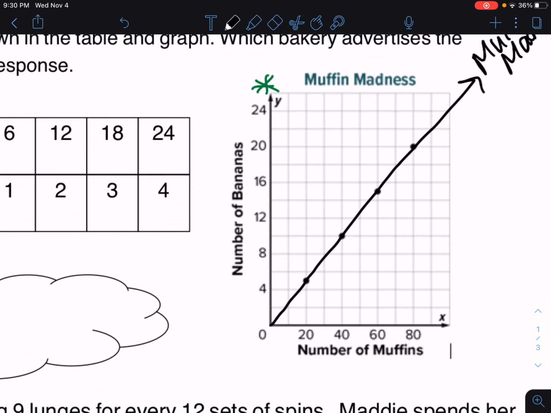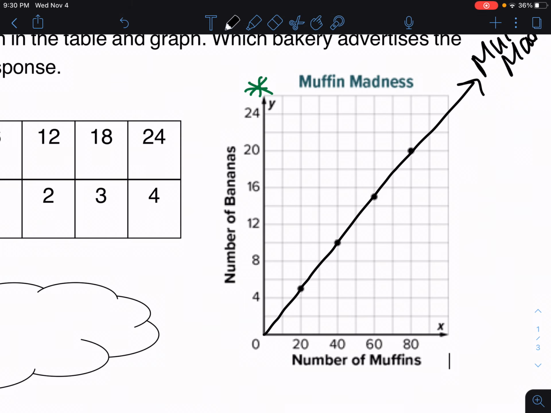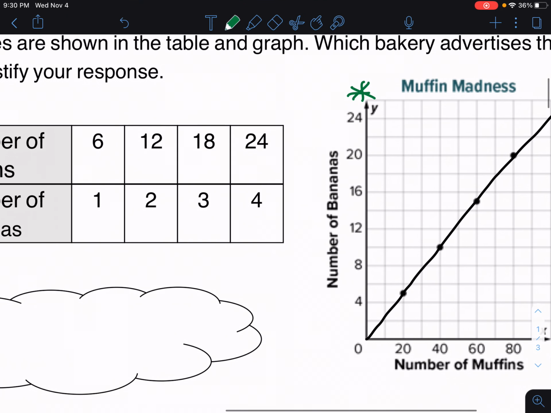I'm going to make my graph a little bit bigger to help me see. I'm going to graph Millie's Muffins next because it's right next to it. So this is Millie's Muffins.